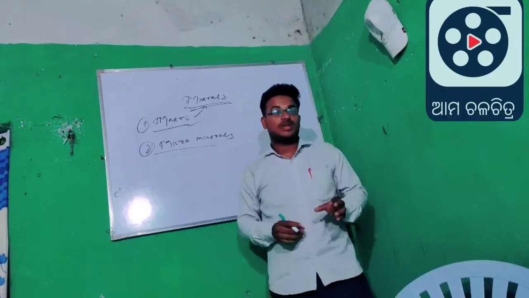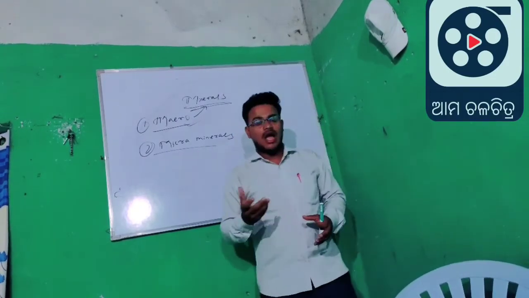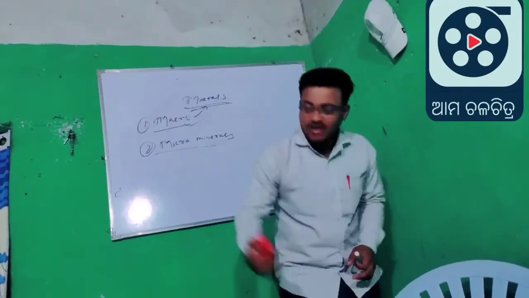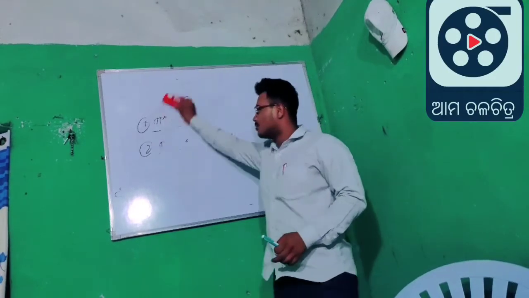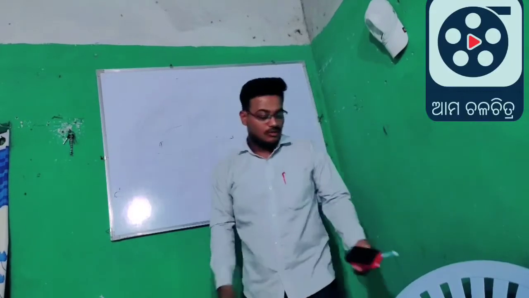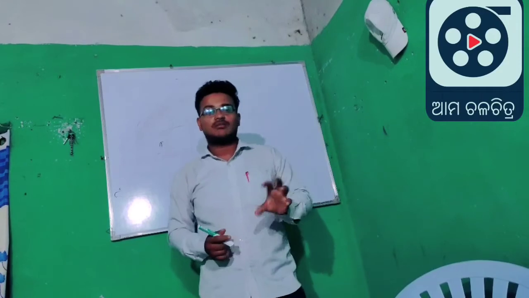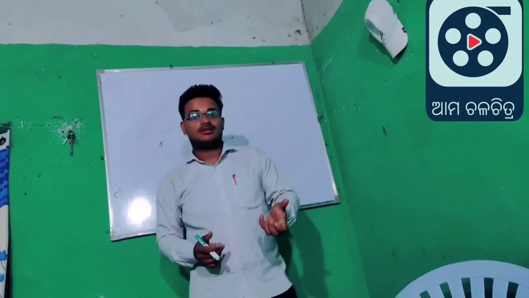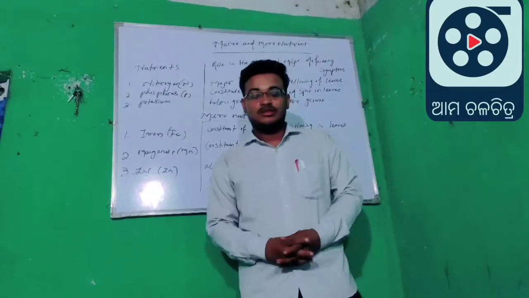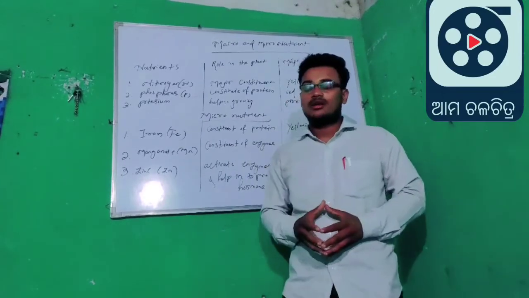Macro elements are nitrogen, phosphorus and so on. Micro elements are iron, zinc, etc. Due to lack of minerals, some plants are affected by disease. Next we'll discuss which elements cause different diseases.